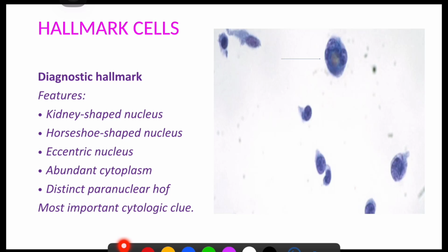So what is hallmark cell? It has a kidney shaped or horseshoe shaped nucleus, eccentric nucleus, abundant cytoplasm, and perinuclear hof. So this is the most important cytology clue.